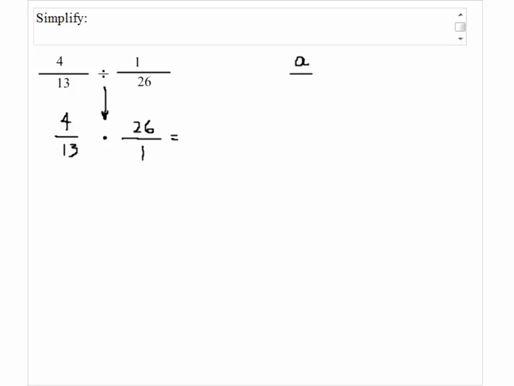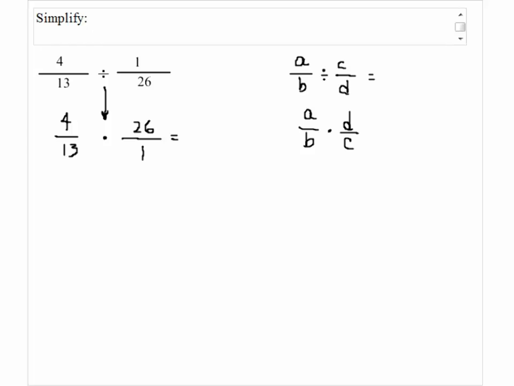So in general, if I have A over B divided by C over D, that's the same as A over B times D over C, which is the reciprocal of C over D.